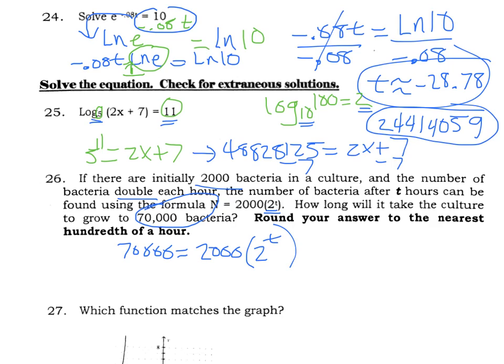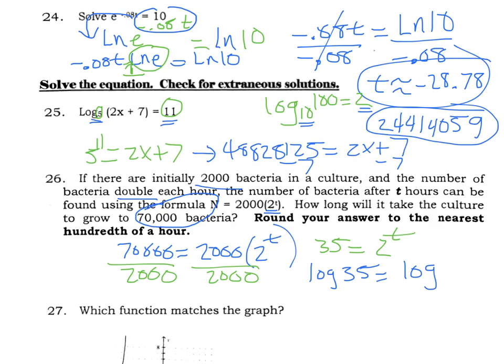So again, you could guess and check, but if you want to solve this algebraically, it's pretty quick. We'll divide both sides by 2,000, and 70,000 divided by 2,000 is simply 35. So 35 equals 2 to the t. And we'll just take the log of both sides. So we'll do the log of 35 and the log of 2 to the t, keeping in mind that I am allowed to move this t out front once I take the log.